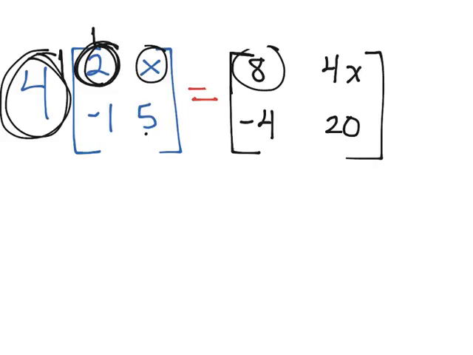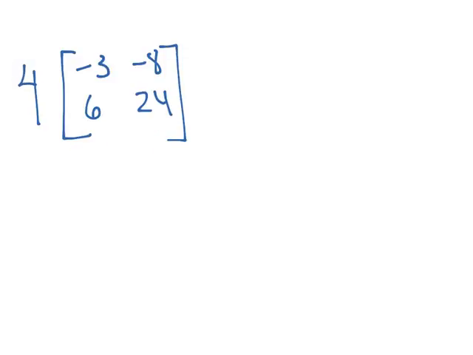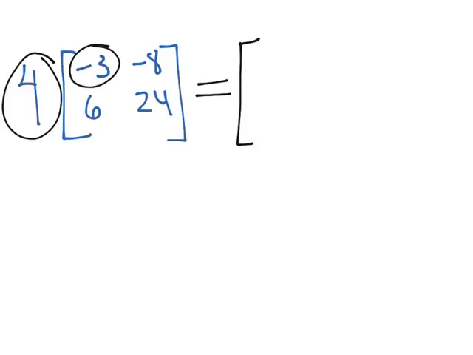Now we need to multiply our second matrix. So we will do exactly the same thing we did in the previous slide. So now 4 times negative 3, negative 12. 4 times negative 8, negative 32.